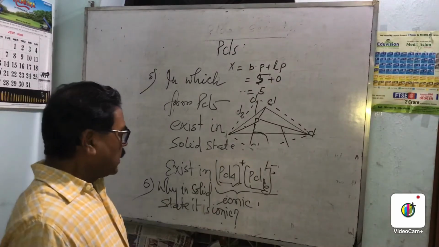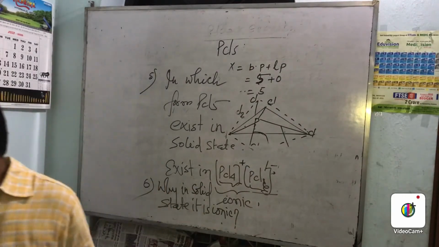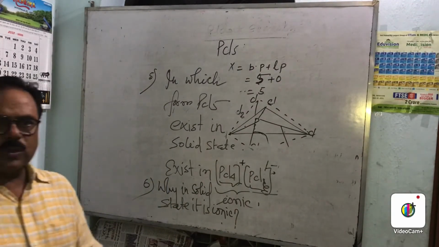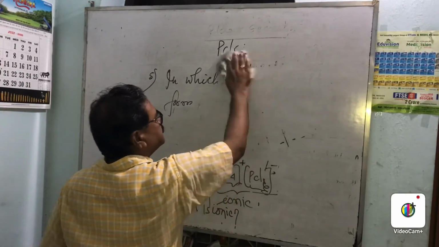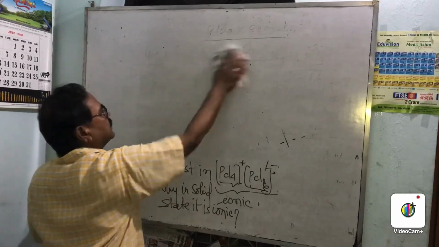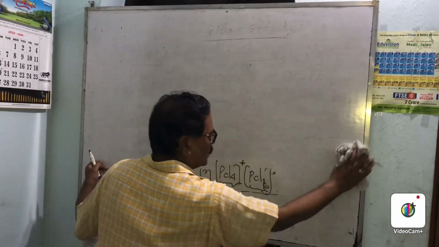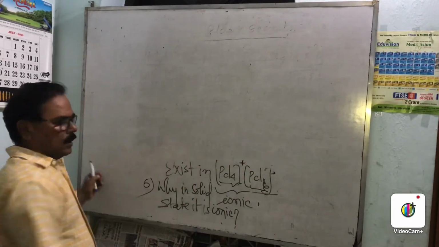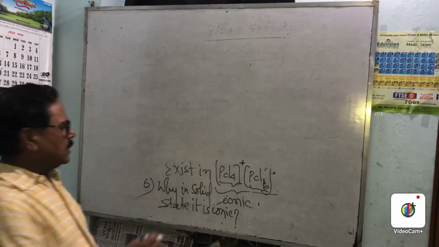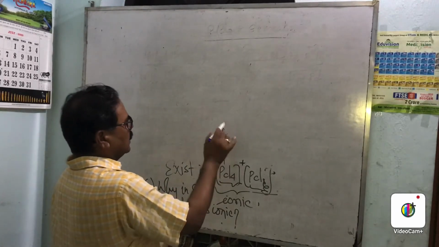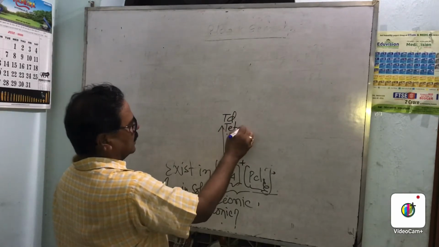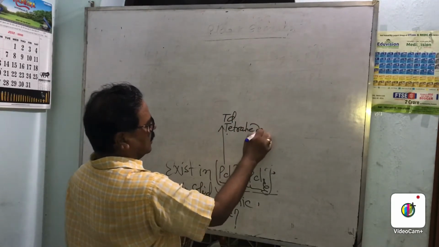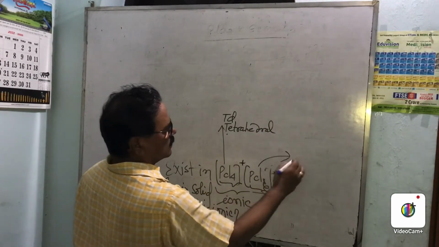Now in the solid state, its geometry will not be trigonal bipyramidal. If you look at the geometry in the solid state, PCl4 plus is tetrahedral, and PCl6 minus is octahedral.